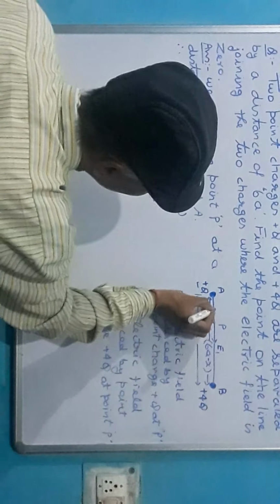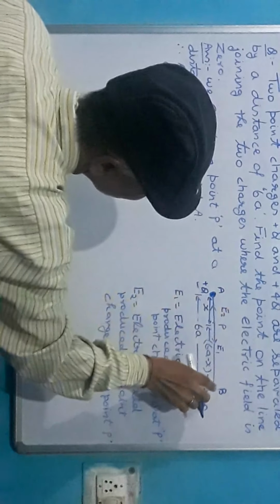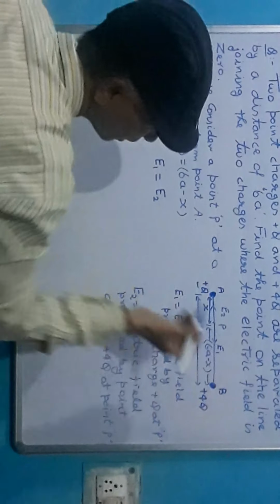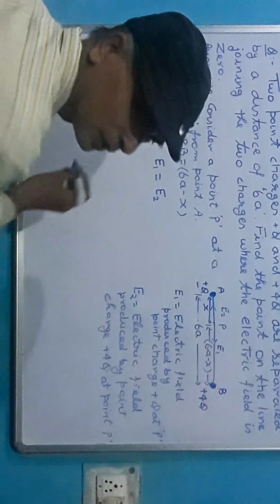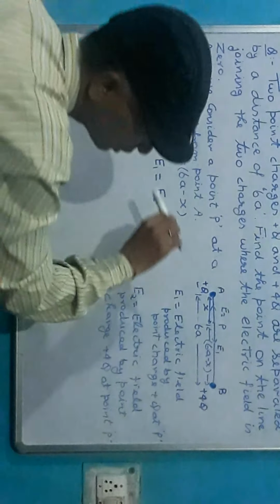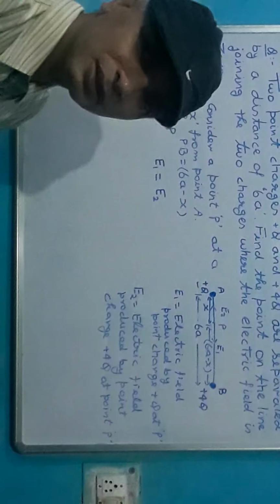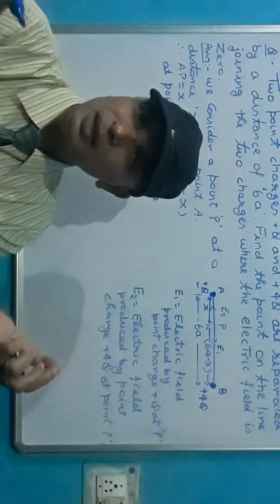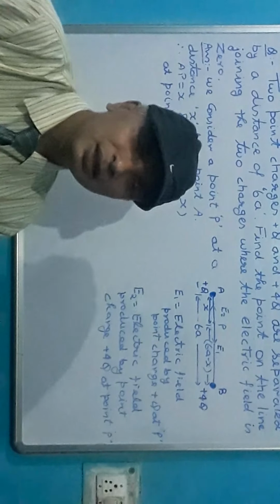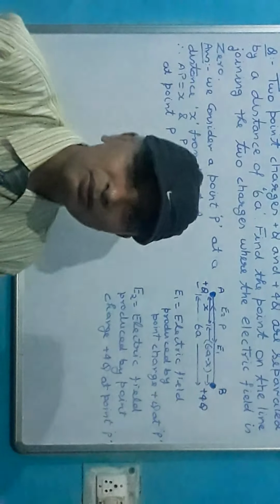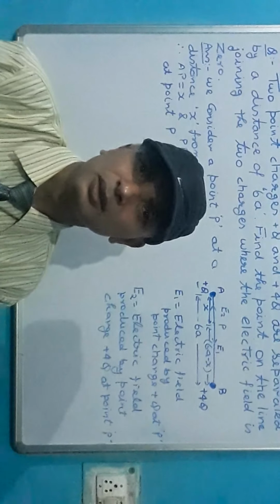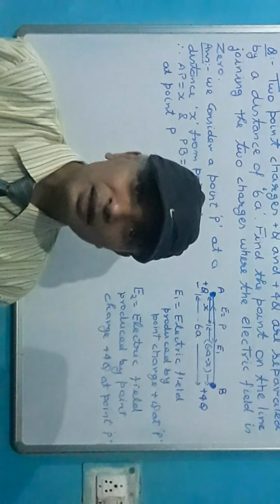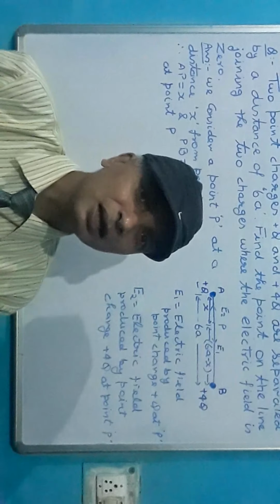This is positively charged and point P is here, so the direction of electric field E2 will be along BP, away from it. So E1 and E2 are opposite in direction. The intensity of electric field will be zero if both electric fields act in opposite directions. Second, the magnitudes of both electric fields are equal.